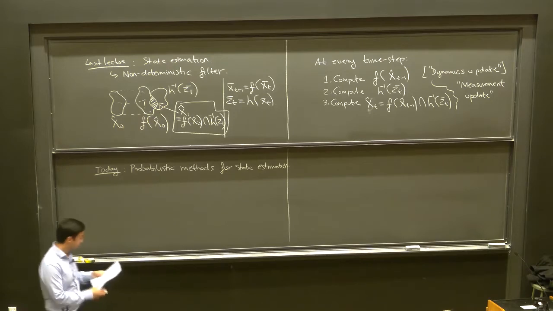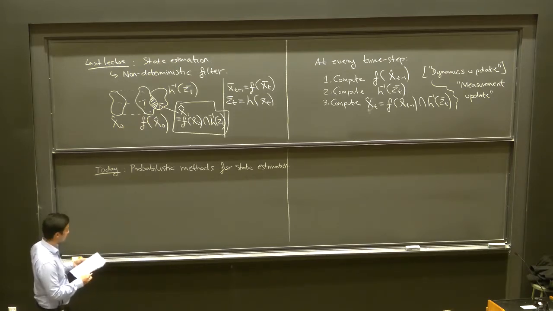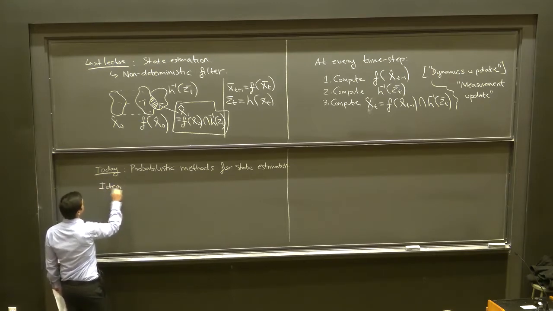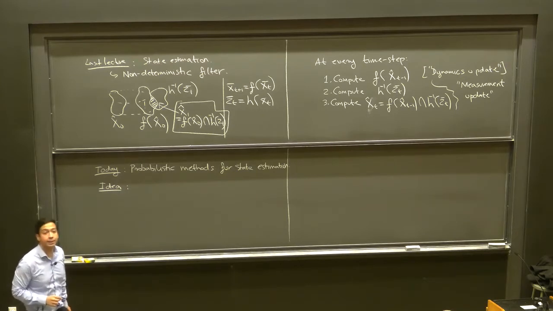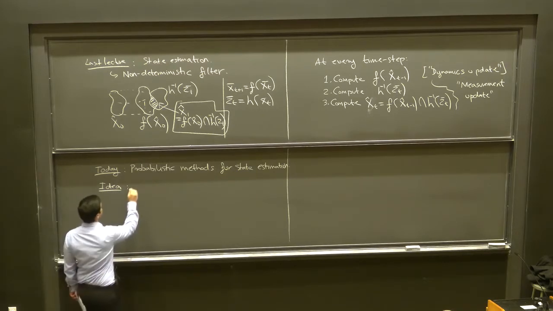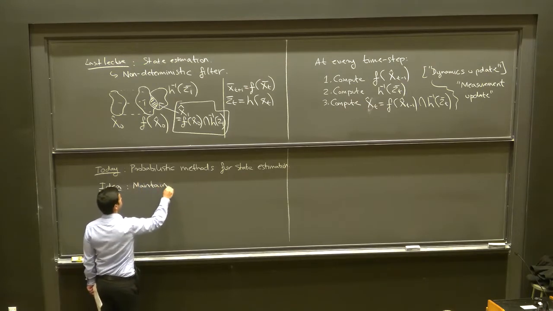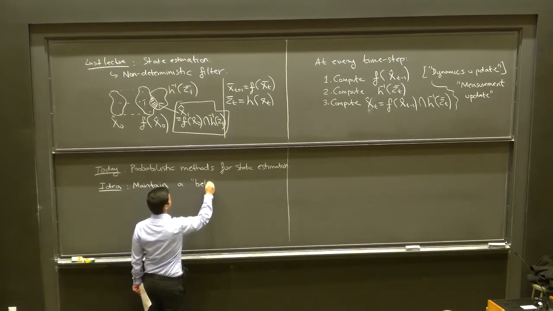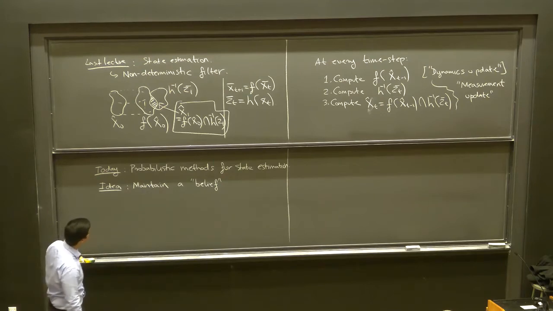All right. So as I mentioned, probabilistic methods for doing state estimation. The main idea and key difference between what we're going to discuss today and what we discussed with the non-deterministic filter in the previous lecture is that we're going to maintain what's known as a belief in this literature on probabilistic state estimation.